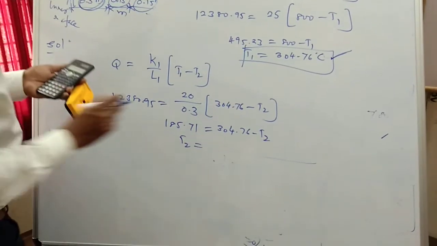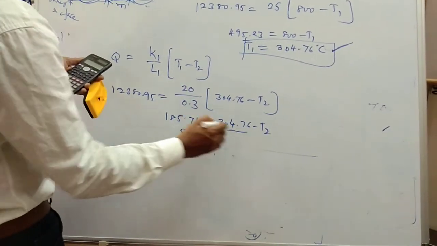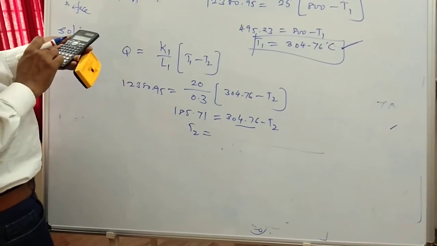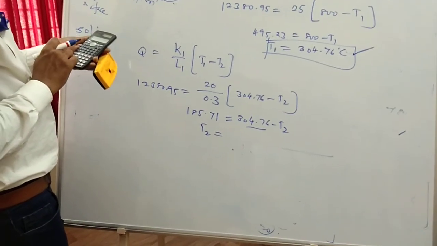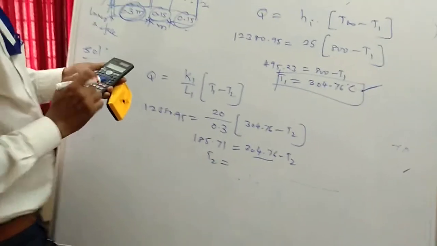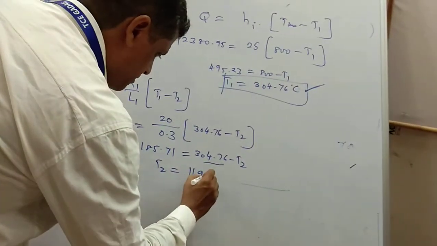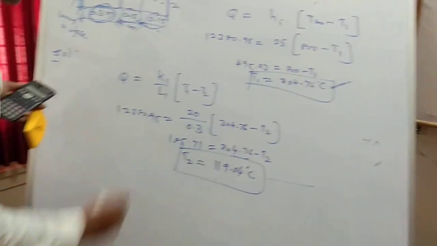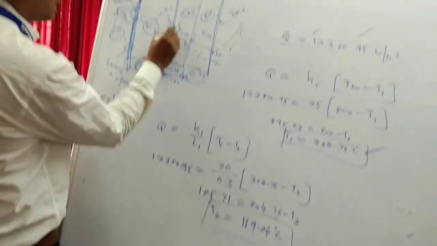Therefore T2 is equal to 304.76 minus 185.71. We got 119.04 degrees Celsius, the same as the finite element method.